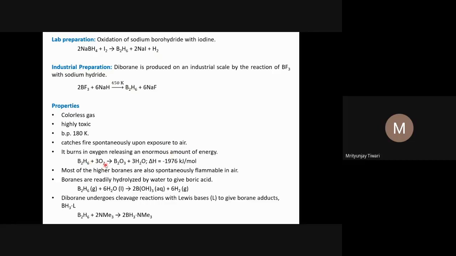So B2H6 plus 3O2 gives B2O3, which you can call boric oxide, or boric anhydride, because when boric acid is heated to form B2O3, then we call it boric anhydride.